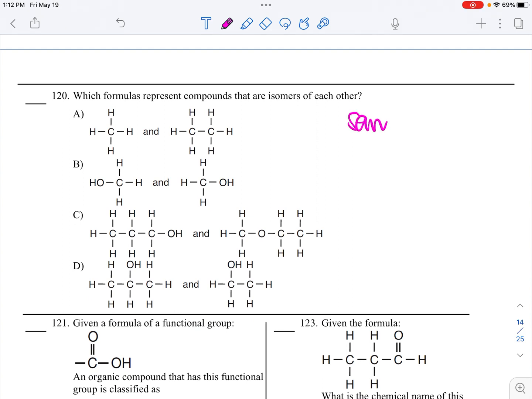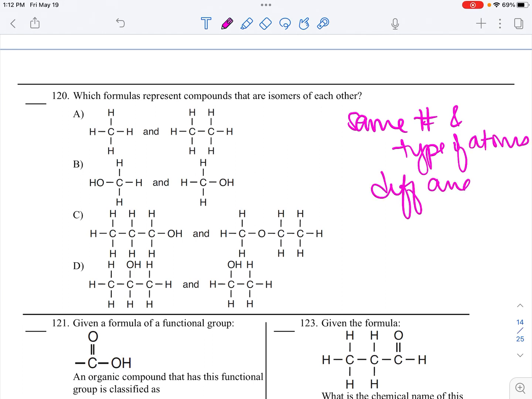Isomers have the same number and type of atoms, in a different arrangement. I know that A is out because the first structure only has 1 carbon, the second has 2. You might think the second is the answer, but it's not, because these are just mirror images of each other.